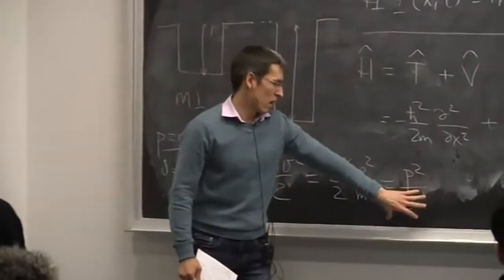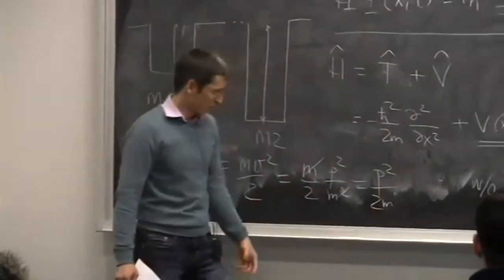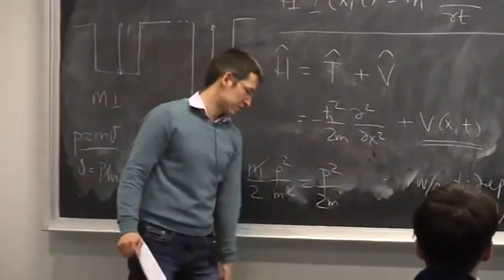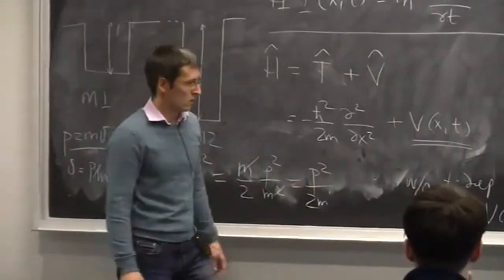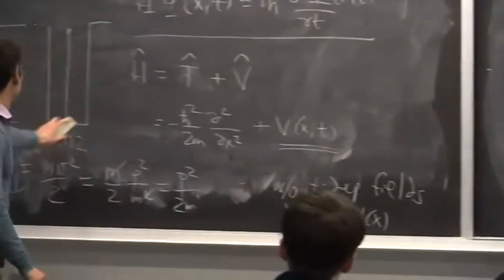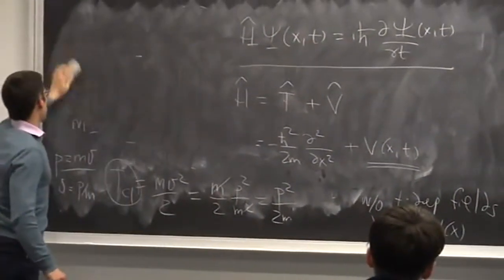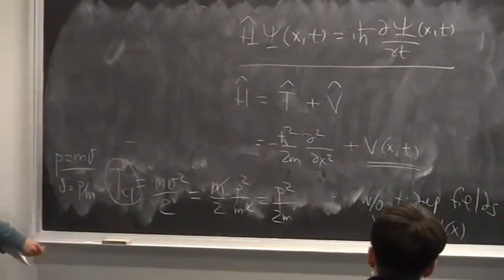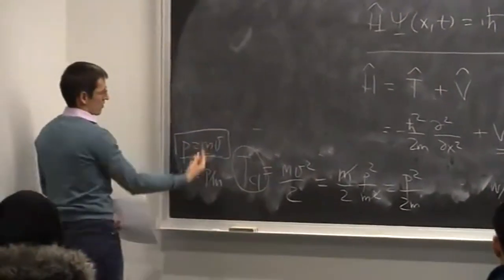Right now you can already see some similarity with the quantum expression, but we are not quite there yet. To go from here to here, we just need to define what the momentum is in the quantum case. In the classical case, the momentum is just mv.